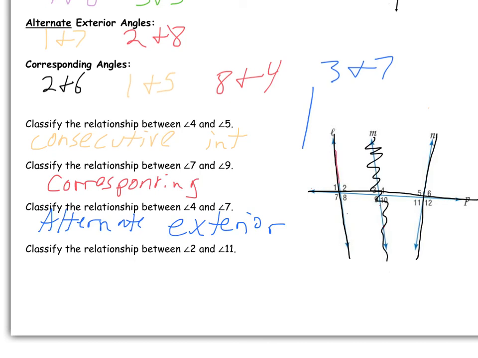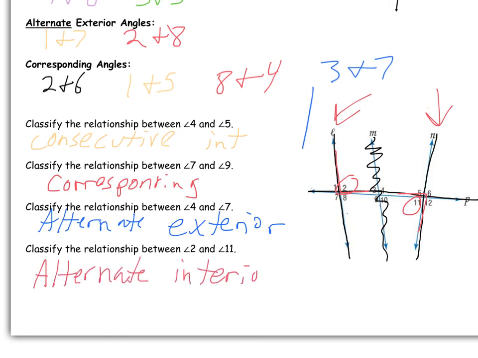So we've got angle 2 here, and angle 11 here. Notice they are inside of these two lines, so they're interior. They are on alternate sides of the transversal, so we call this alternate interior.